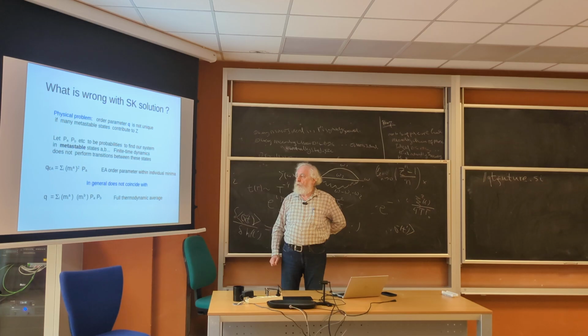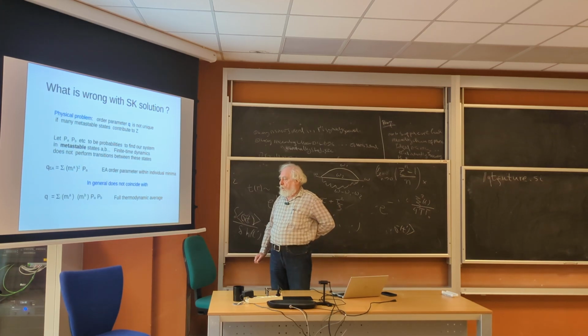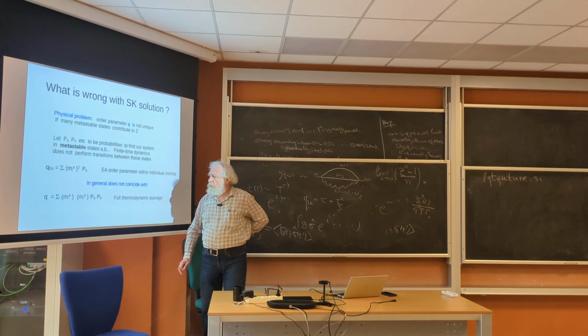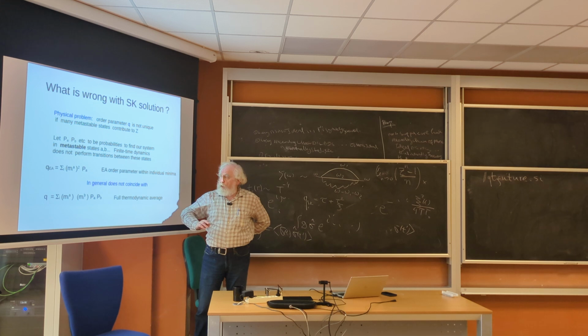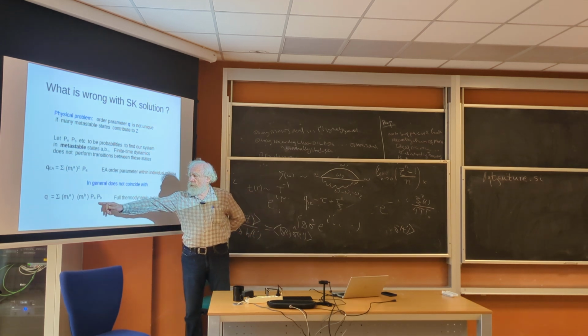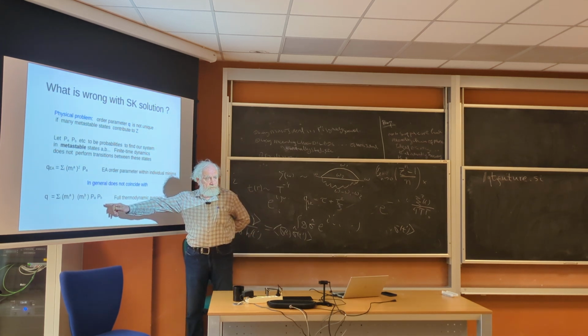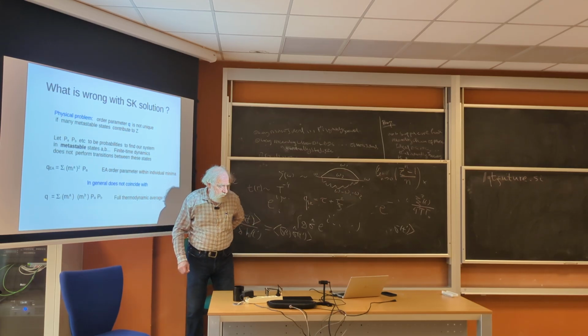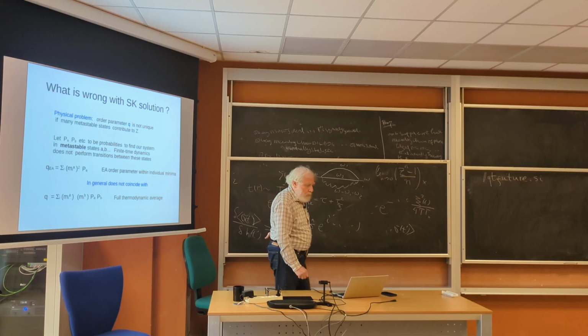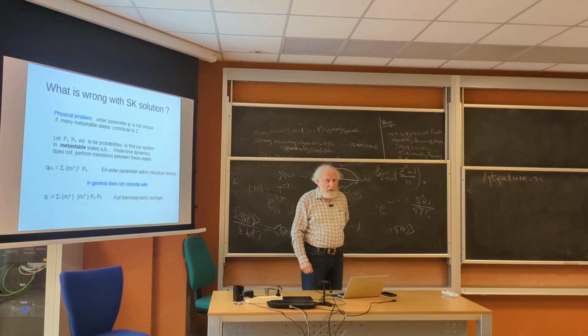On the other hand, there is another way to average, namely to take into account explicitly that many different configurations may exist. And then we can define another order parameter like this. They don't need to be the same. So there is a problem. What is actually the order parameter?